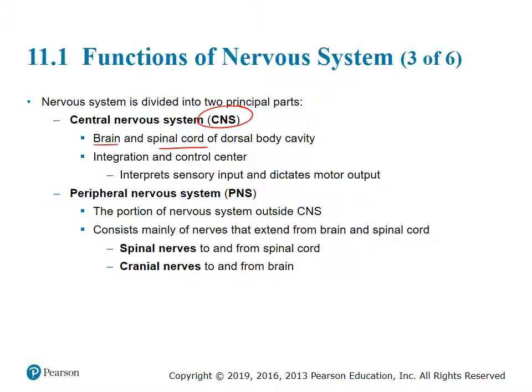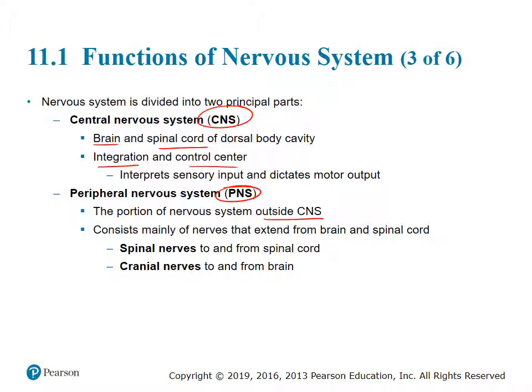This falls on number 2 of those functions, the integration part of the functions. And the other section is the PNS, or the peripheral nervous system. And this is pretty much anything outside the CNS that's not brain or spinal cord would be considered PNS.